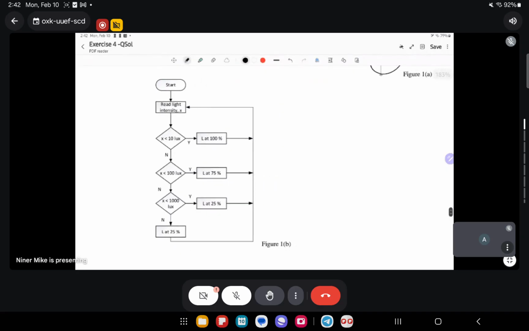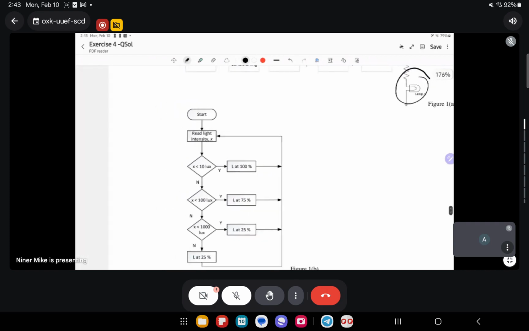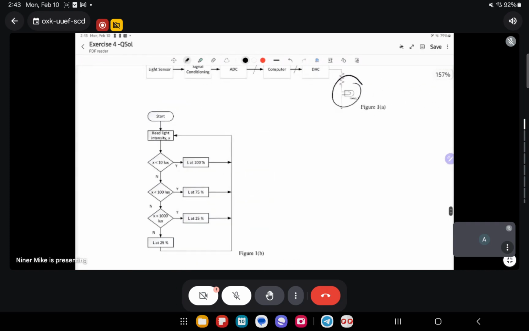So last time when you did the mini project, you did the flowchart. In a computer it's sequential. You cannot compare everything in one block. For example, here we have 3 or 4 levels. So first you compare X with 10 lux, X with 100 lux, X with 1000 lux, right? If greater than 10, you go to check next whether it is greater than 100 or not.